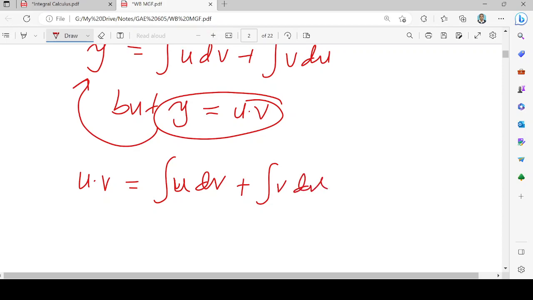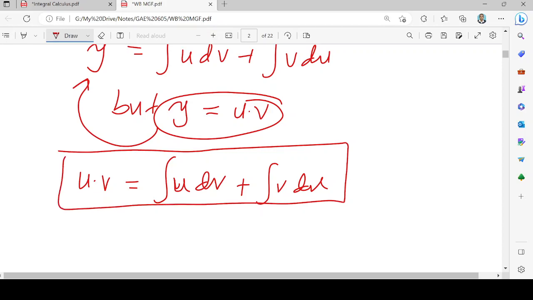So we want to transpose this expression and make one of the quantities here, particularly the integral of u dv, the first term on the right-hand side, the subject. So it involves just moving one of these terms to the other side, so that you have u times v minus the integral of v du equals the integral of u dv.